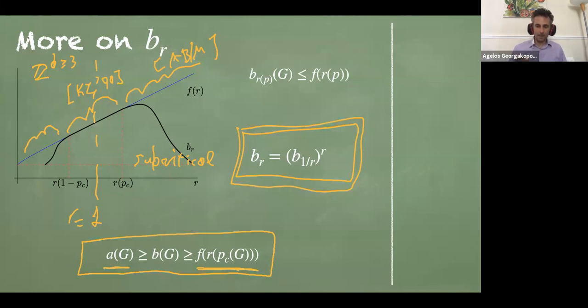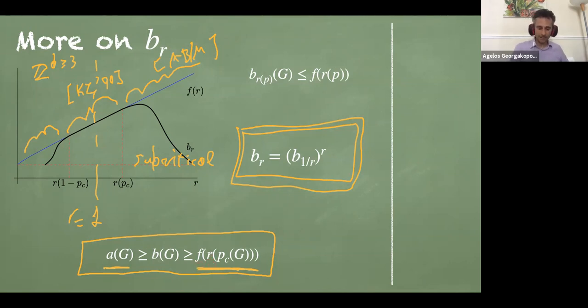So any upper bound on PC gives us a lower bound on alpha, the exponential growth rate of polyominoes, and the other way around, an upper bound on the growth rate of polyominoes gives us a lower bound on PC. The reason why it's this converse relation is that R is monotone decreasing while F is monotone increasing.